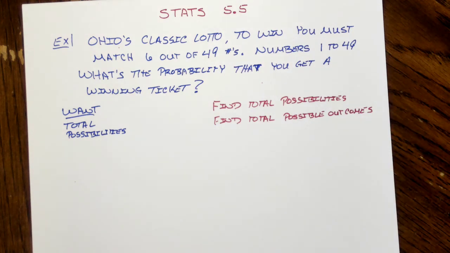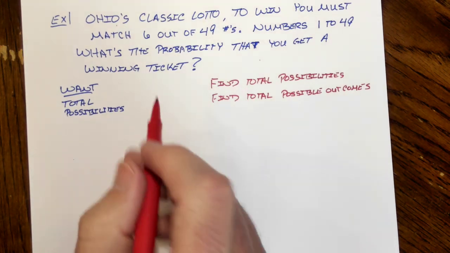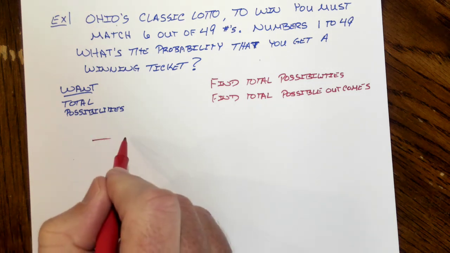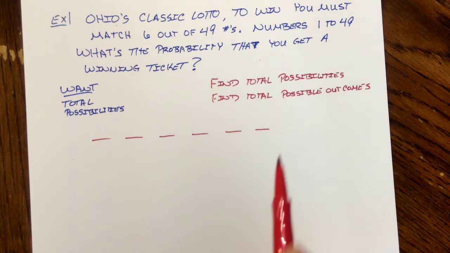Let's look at a couple different ways here. One way would be, we've got to get 6 of them. So 1, 2, 3, 4, 5, 6.